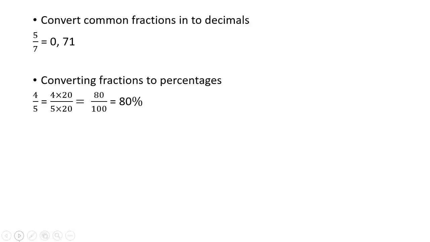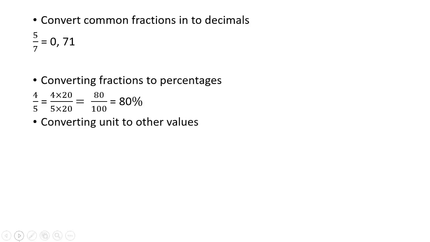So 5 times 20 gives you 100, and 4 times 20 gives you 80. So you have a fraction of 80/100. If you simplify, you will find that it is 80%, and that is your final answer, because they are asking you to convert it to a percentage.